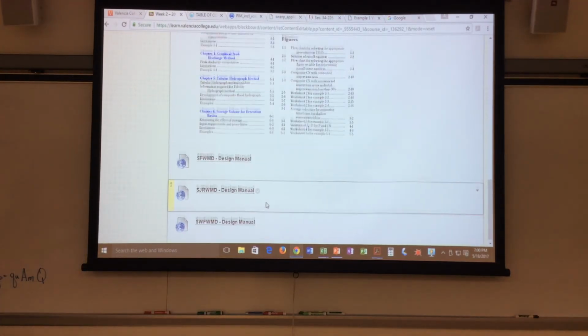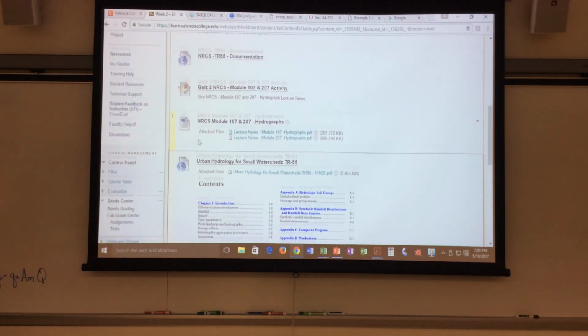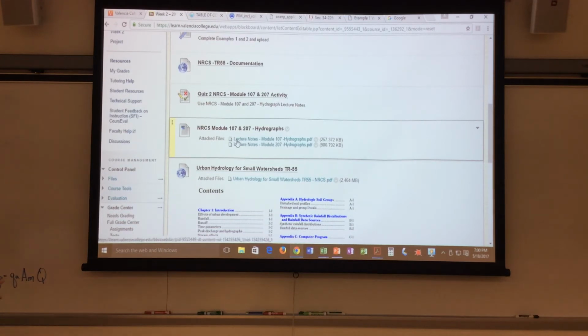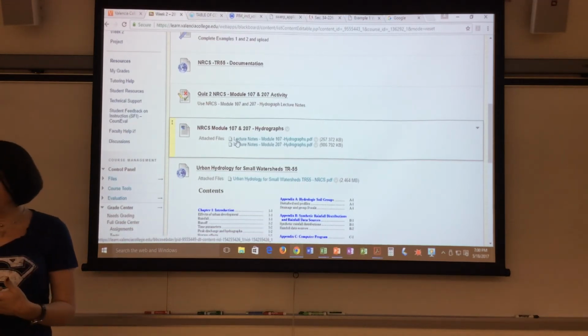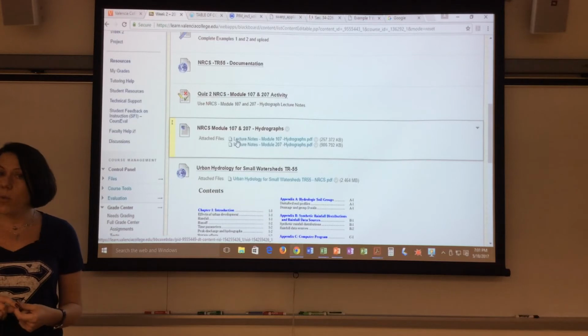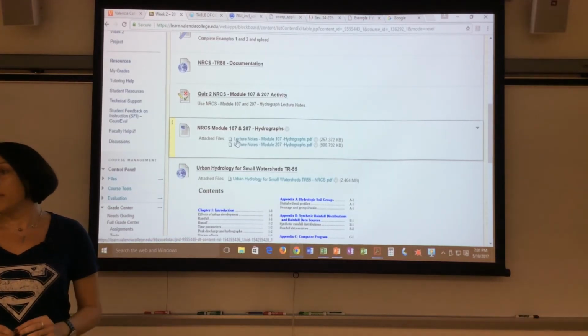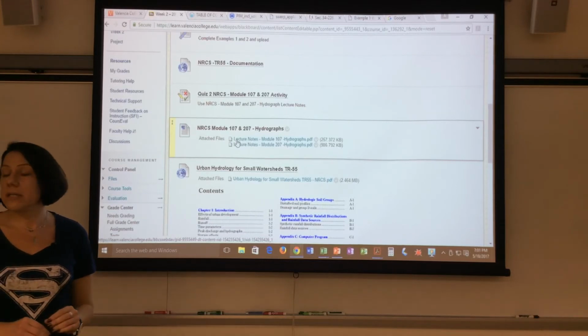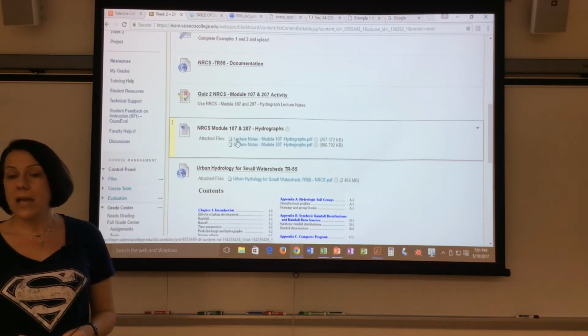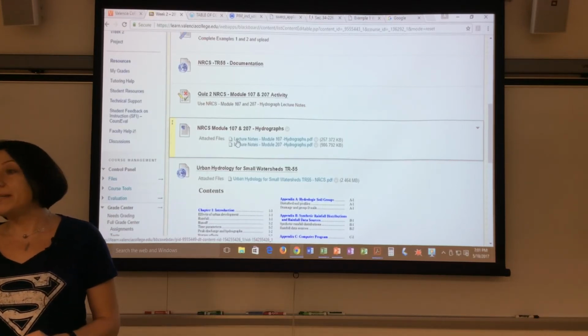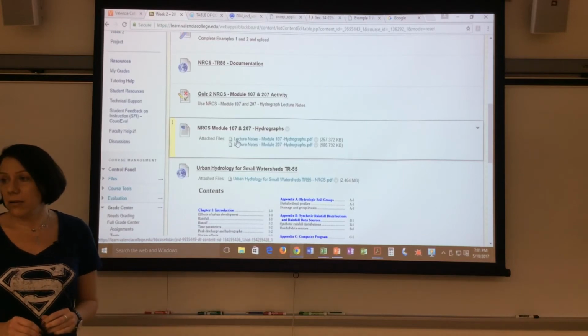Okay, so when we're talking about agencies, we're talking about county, city, we're talking about Army Corps of Engineers, and we're talking about the water management districts. Now, here's the thing. In Florida, it's water management districts. I used to work in Kentucky, and it was an MSD, a municipality that was running it.